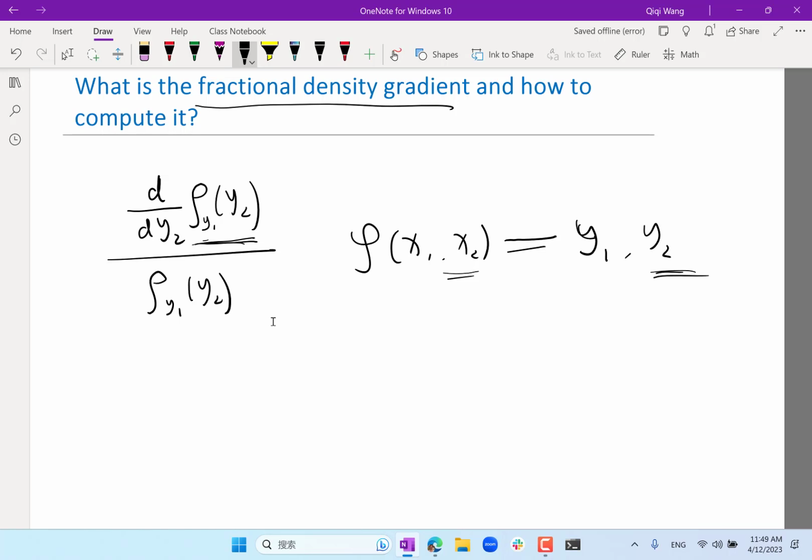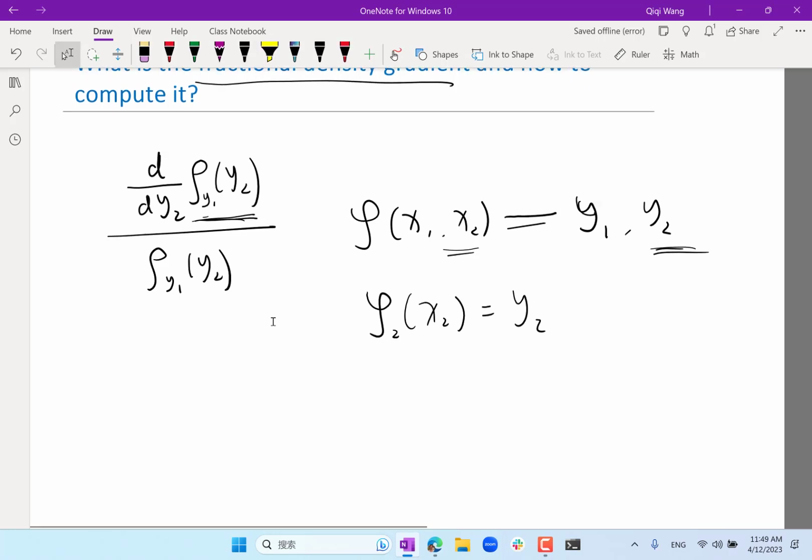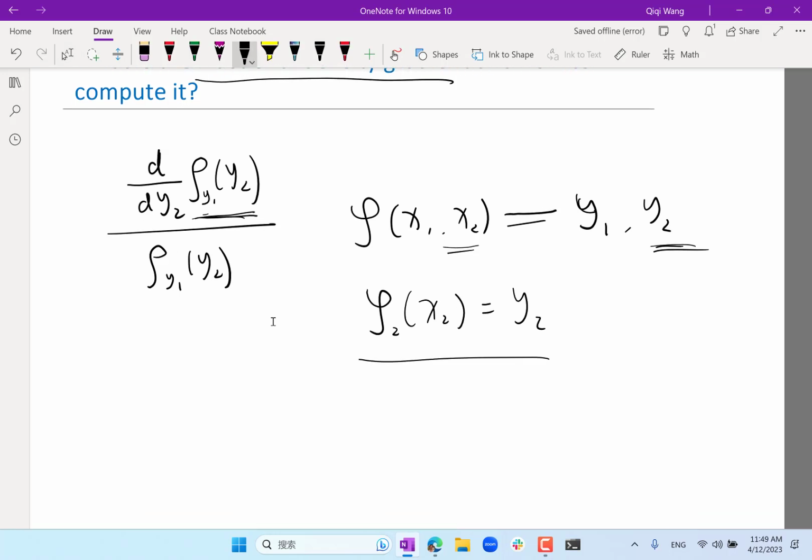In this particular case, we know phi2, just the second dimension of x2, is actually just equal to y2. And now let's start from here and figure out how the densities relate to each other.